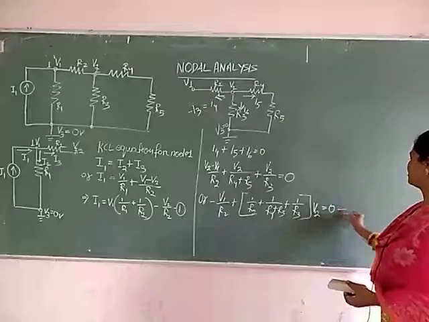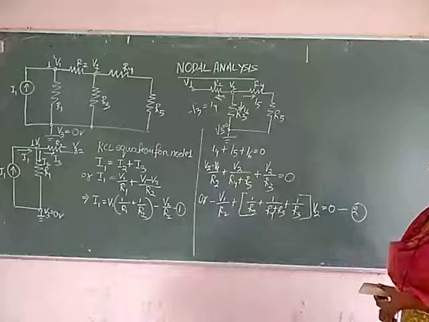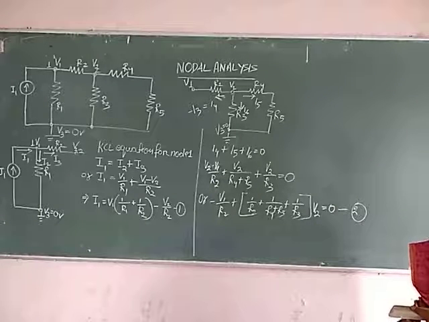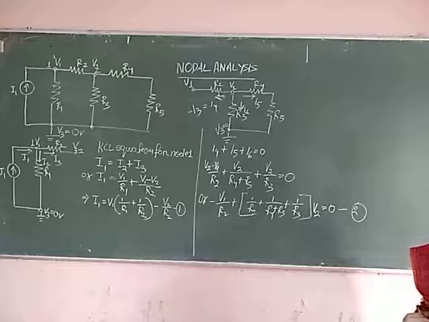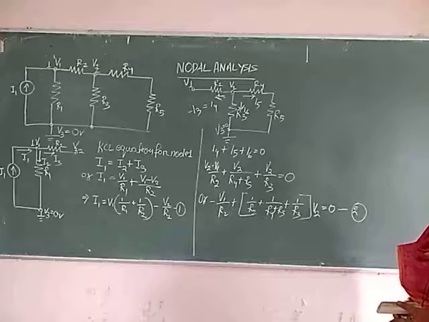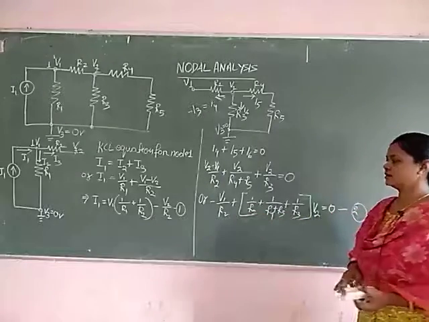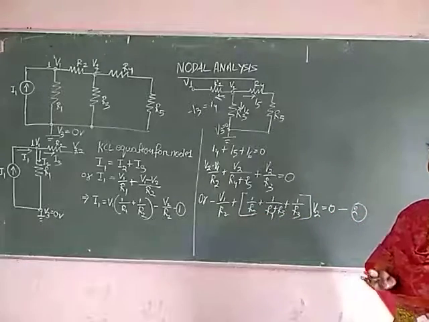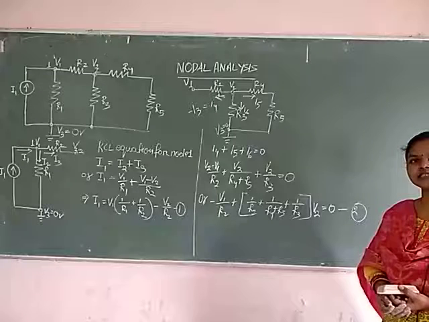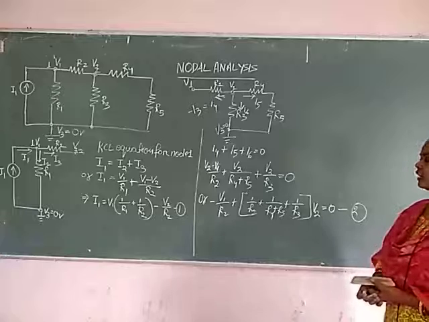This is equation number 2. If you see equation 1 and 2, here V1 and V2, which are the node voltages, are unknown parameters. So it gives two unknowns, two equations, and like your mesh analysis method, by cancellation or matrix method, you find V1 and V2.